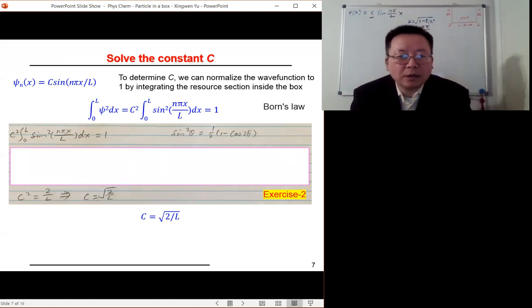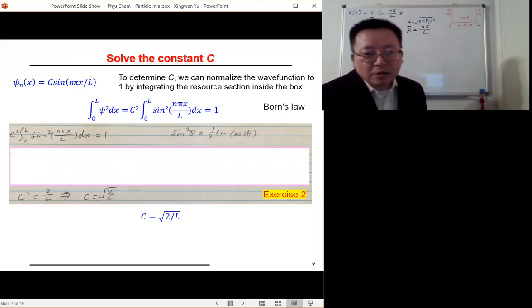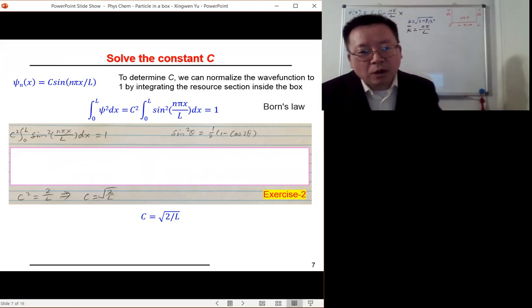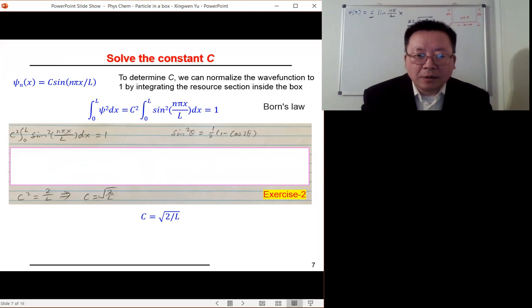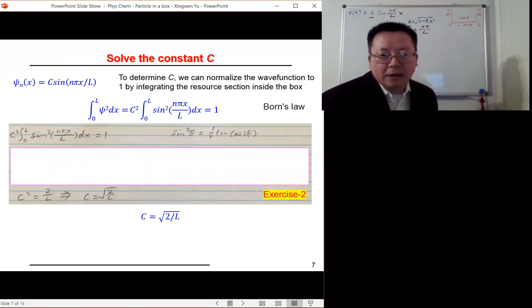I have written the full steps, for notes, of solving this integral equation, and you can practice after class using the hints I provided on this slide. That's sine squared theta equals 1/2 times 1 minus cosine 2 theta, just based on this basic identity.